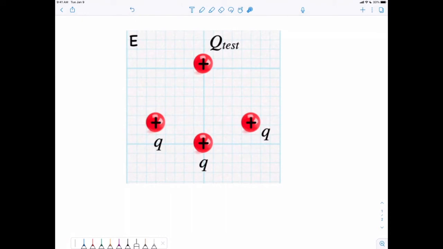Okay, so here is the configuration for E, and let's draw the force vectors from each of the 3 charges acting on this test charge. So this is charge 1, this is 2, and this is 3. We have F1, F2, and F3.